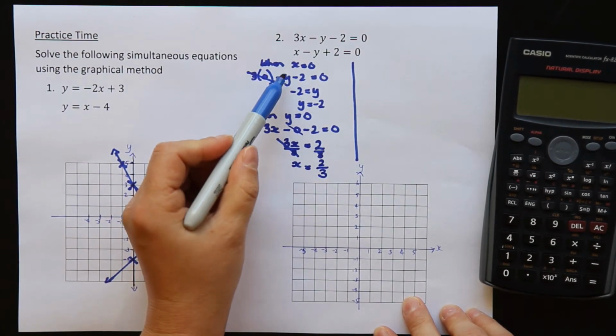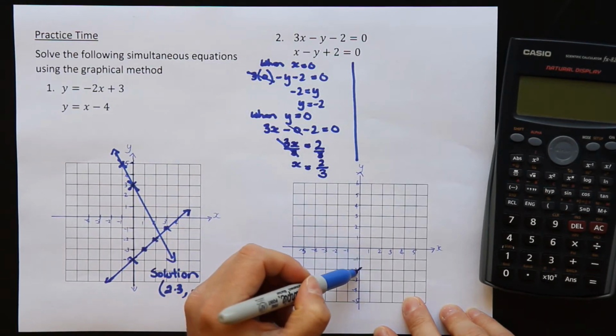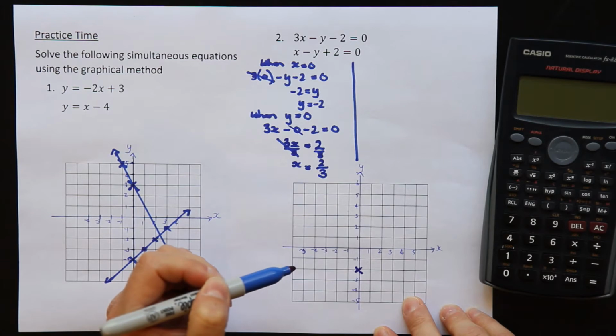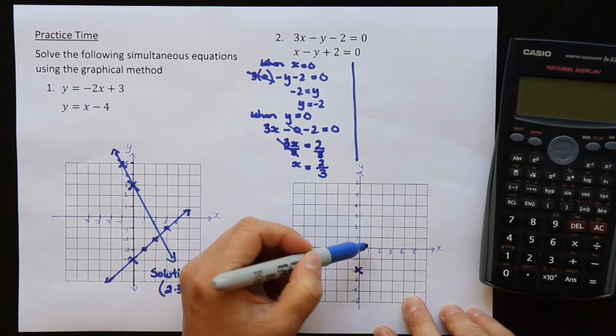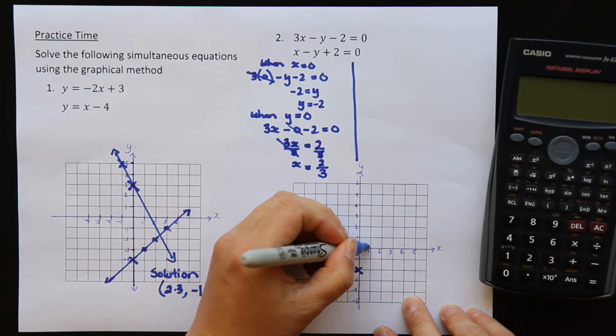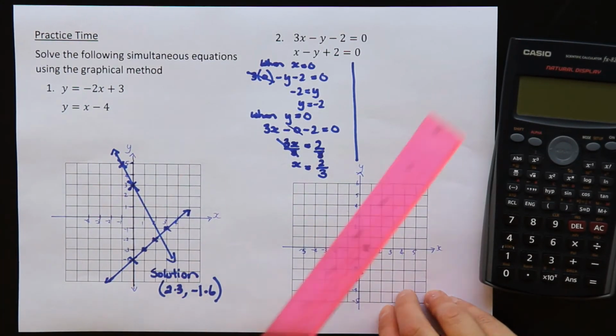Drawing that line, x is 0, y equals minus 2 is down here. When y is 0, x equals 2/3. Alright, so already this is getting tricky to be accurate. It's about there.